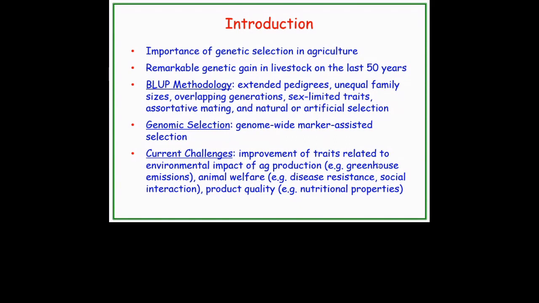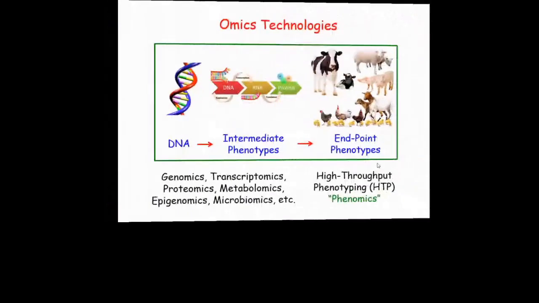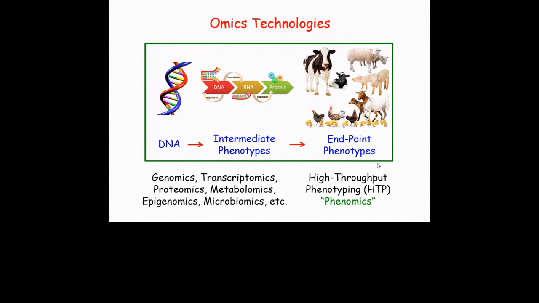And these are traits that are very important nowadays because of consumers' perception or requirement and social requirement. So people are interested in animal welfare, disease resistance, for example, product quality, for example, nutritional properties of meat and milk, and so forth. So that's where digital technologies can help.